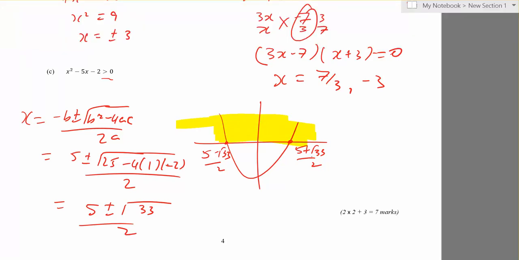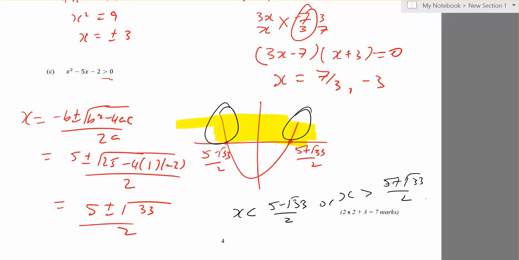When does that occur for your x? So x will be less than, oops, x will be less than 5 minus root 33 over 2, or x will be greater than here. So it's here and there. x will be greater than 5 plus root 33 over 2.